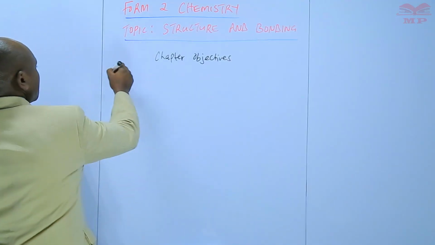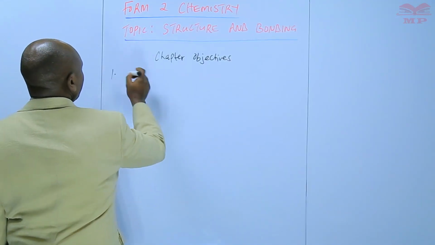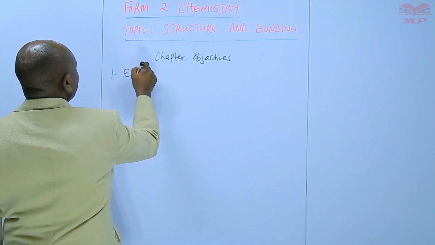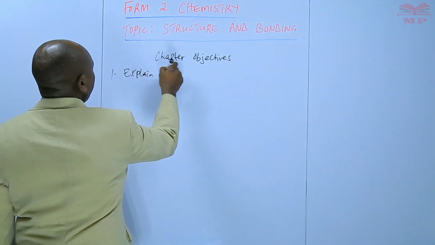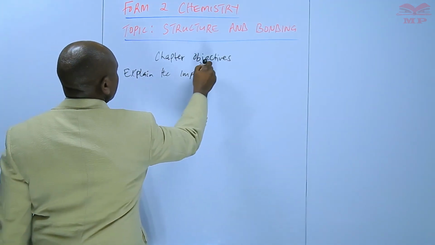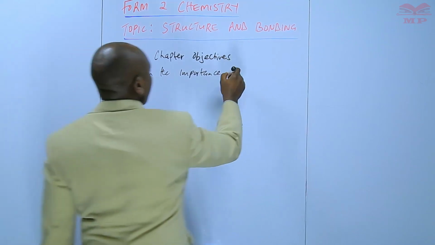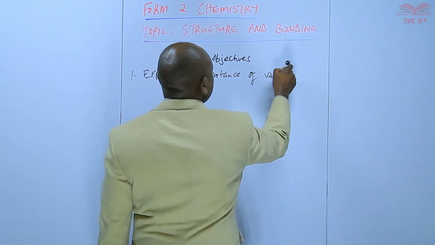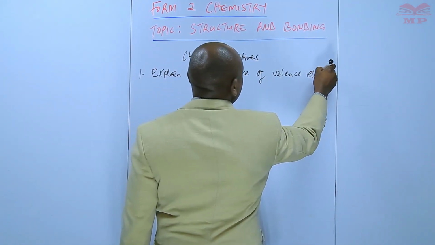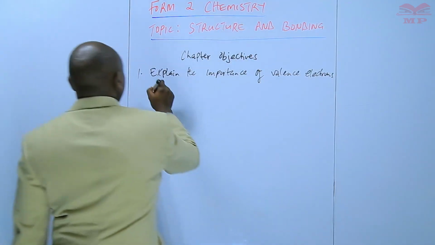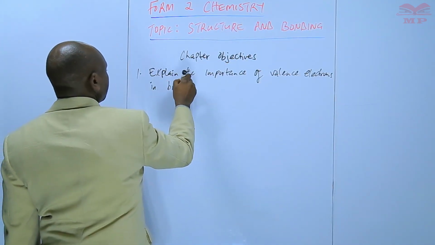So in this case, we'll be able to explain the importance of valence electrons in bonding.